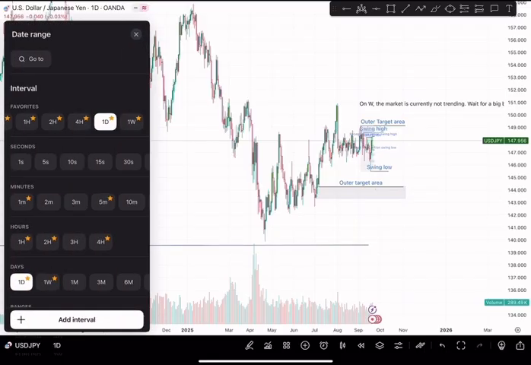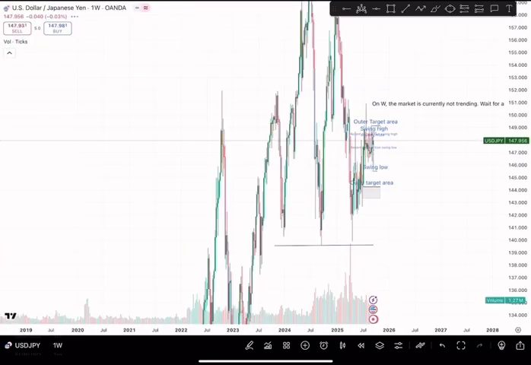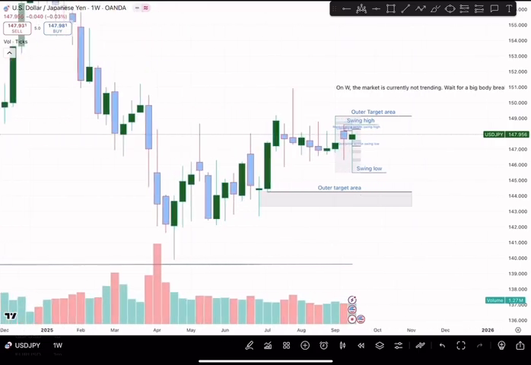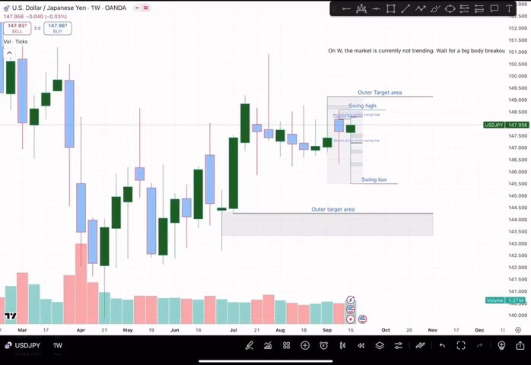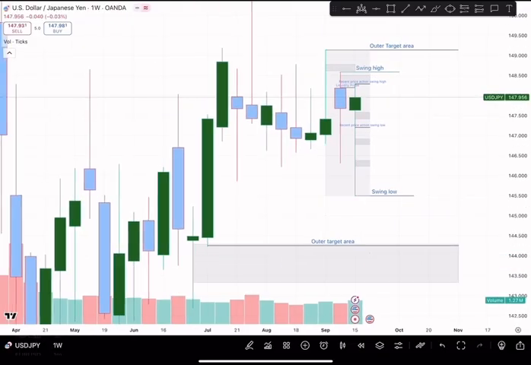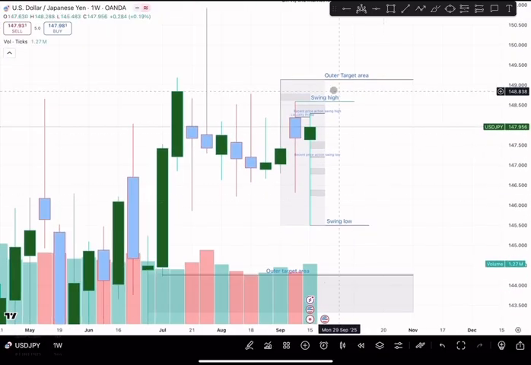Oh, one thing I forgot to mention on the weekly, I also marked out my outer target areas.